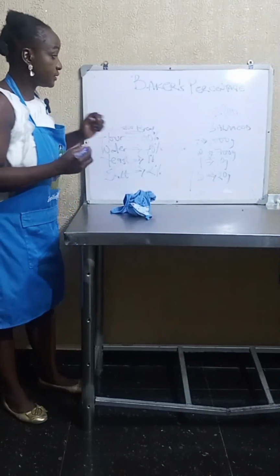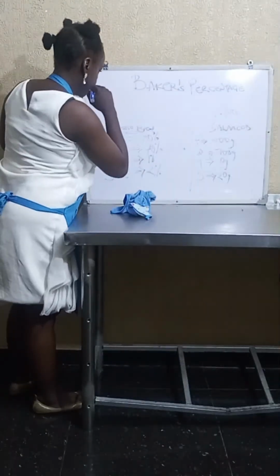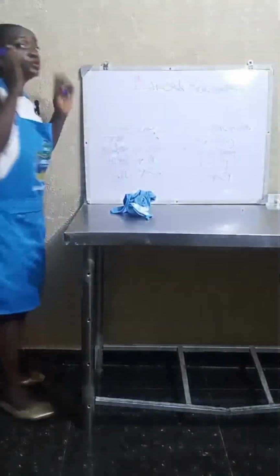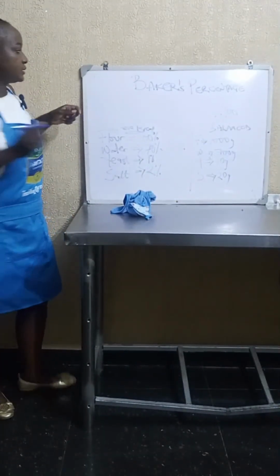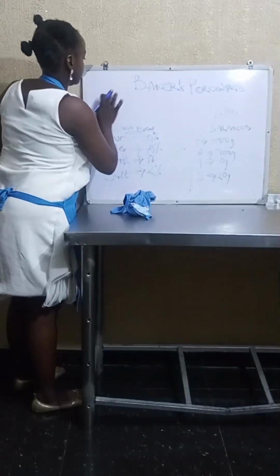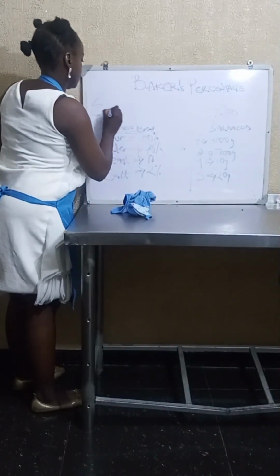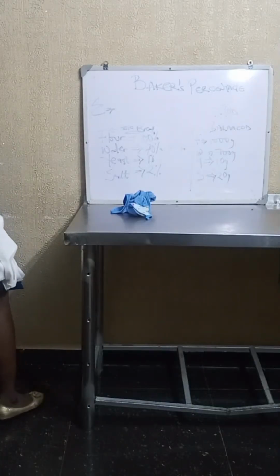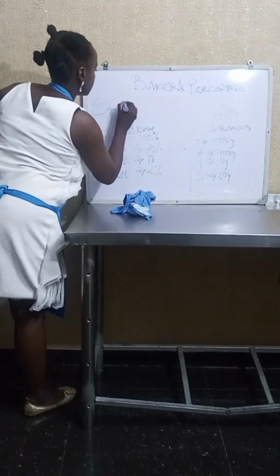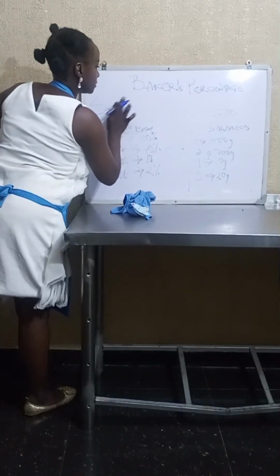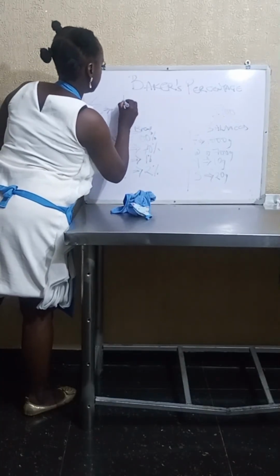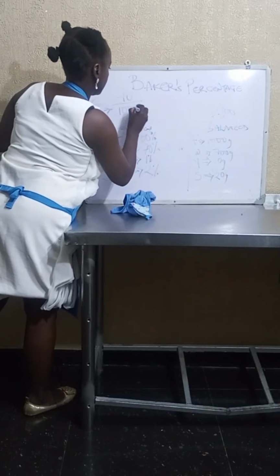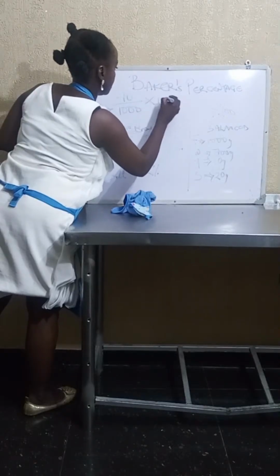Flour is what? 1000 grams. So, let's say we want to get the quantity of water. Like, we did not know the quantity of water we're supposed to use, right? So we're going to go with 70 all over 100, times 1000.